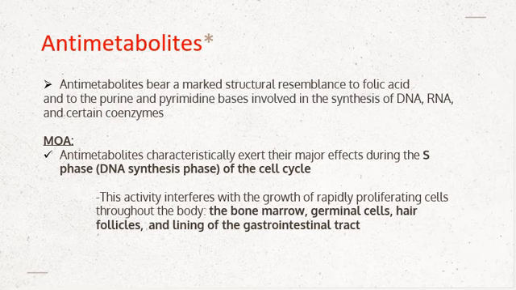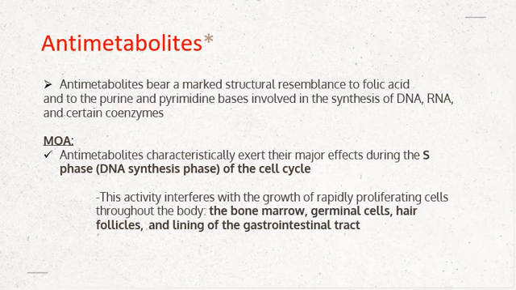So for antimetabolites, they bear a marked structural resemblance to your folic acid and to your purine and pyrimidine bases. So your folic acid, purine, and pyrimidine bases are very important for the synthesis of your DNA, RNA, and certain coenzymes. So, ang mode of action ng antimetabolites is that they exert their major effects during the S phase of the cell cycle.